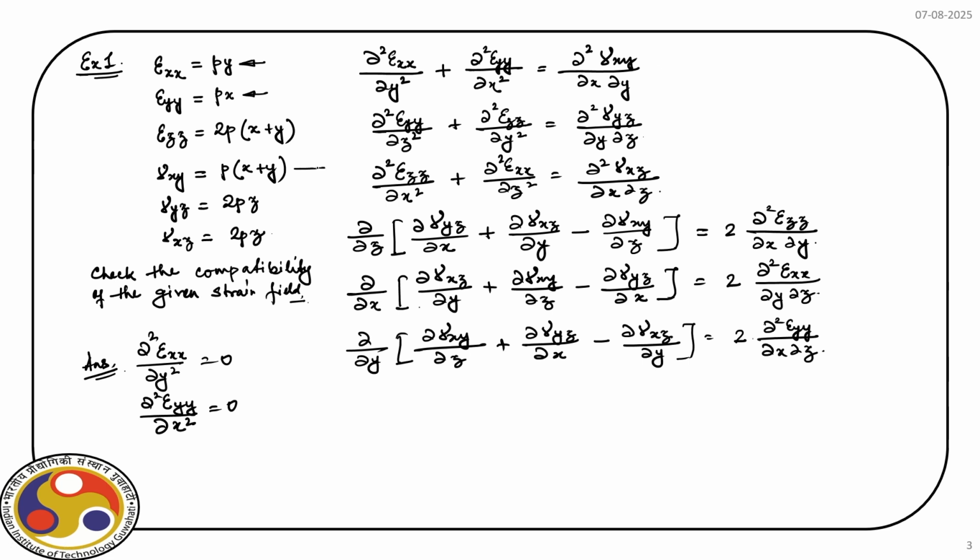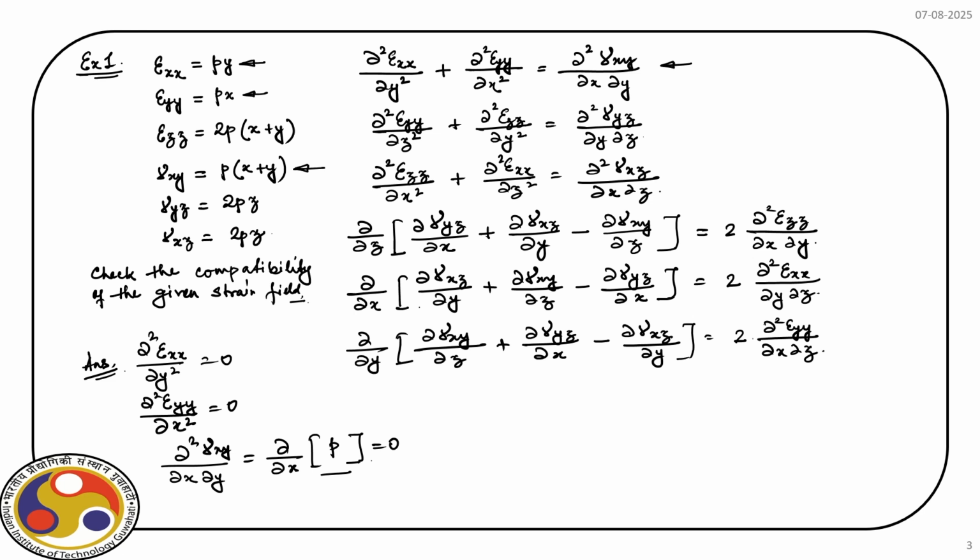If we differentiate first with respect to y, we will be left with p only, and then if we differentiate with respect to x, it is 0. It means the first condition is satisfied.